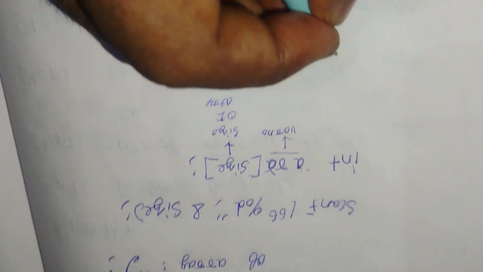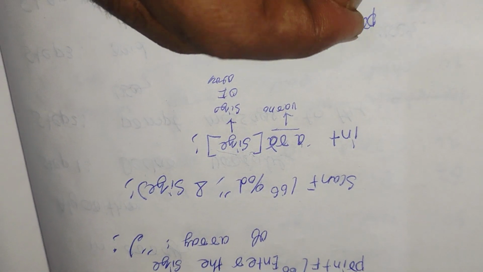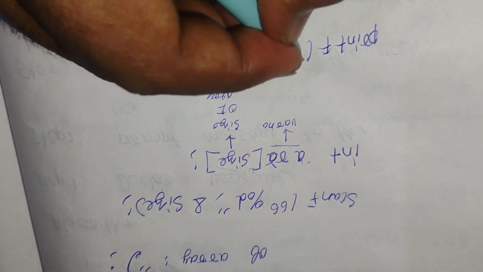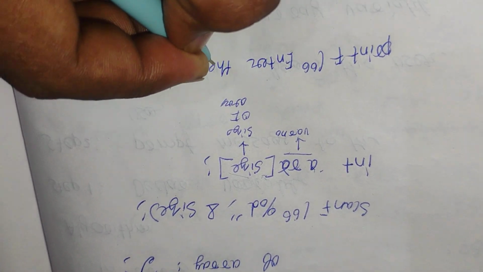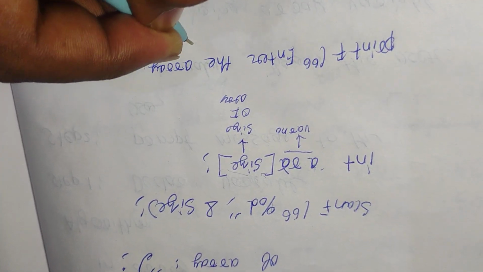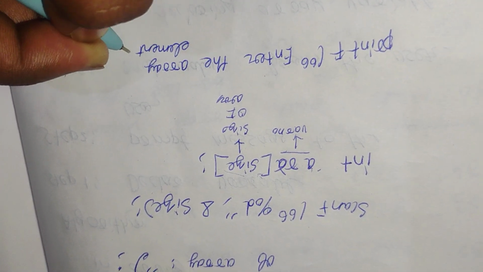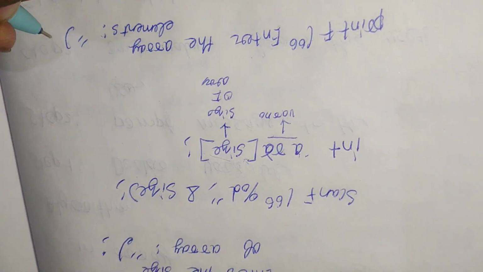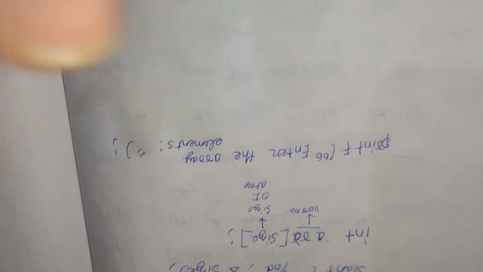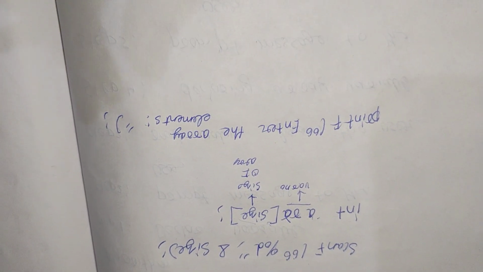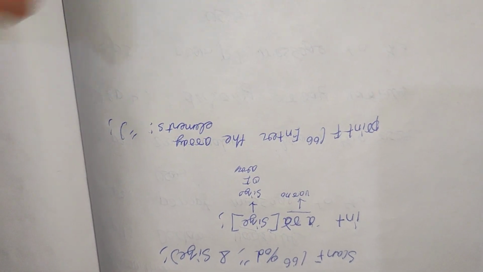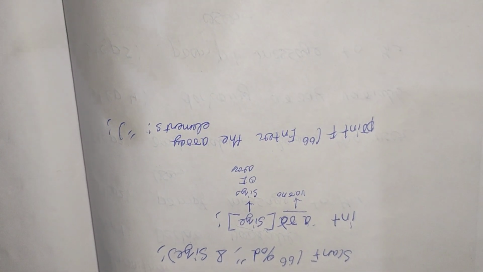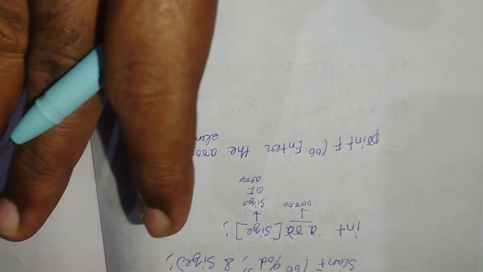The next step is to prompt the user: printf open bracket, enter the array elements. We prompted the message to enter the array elements, but how can the user continuously enter the values again and again and store them in the array? How can we write a program for this?